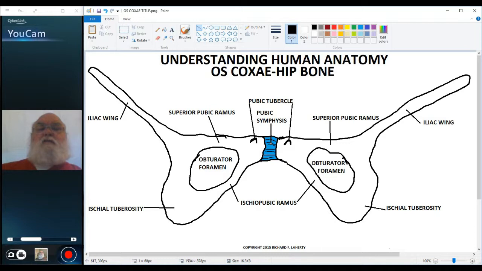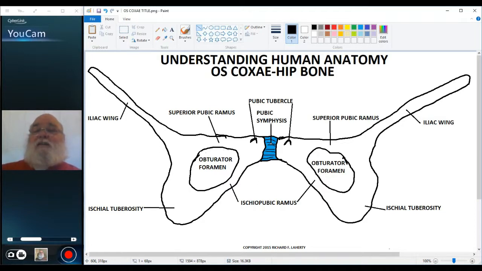It's interesting in that during childbirth, during labor, this joint relaxes some to let the two pubic bones move a little bit apart. Now, we're not talking a great distance. It's only a slight increase in the distance between the bones.